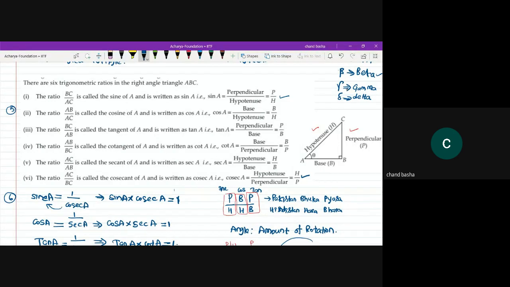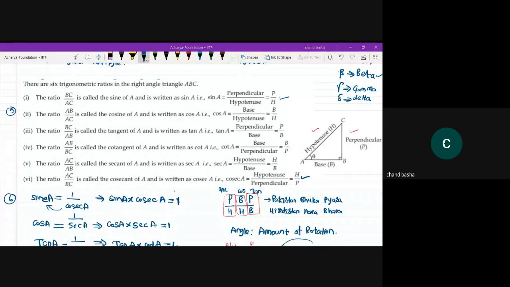What is meant by sin A, P by H; cos A, B by H; tan A, P by B; cot A, B by P. The first 3 are known. The rest of the 3 will be their reciprocals, as I have discussed even yesterday. And today I have shown 2 slides for better understanding of these 6 concept parameters. You can define sine, cos, tan.